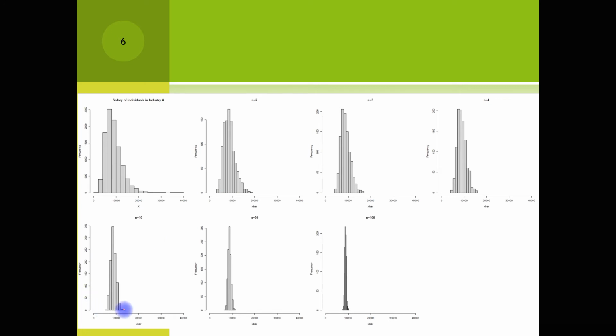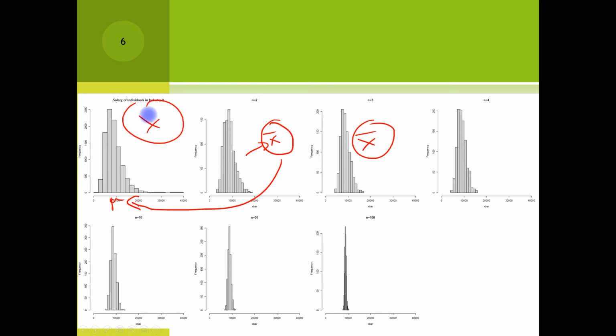This one as well, close to 1000. The mu here was close to 1000. And the mean of the x bars is the same as the mean of x.